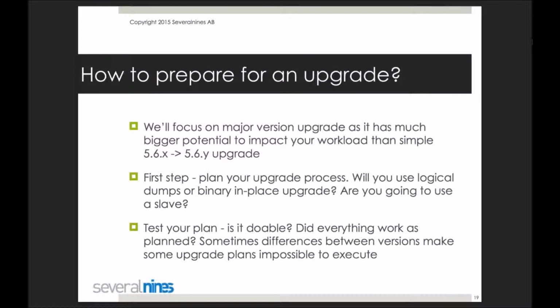For example, maybe there is an incompatible change in how replication works, and in your particular case, it won't be possible to set up a slave in some particular way. So some of the plans may not be possible to execute, and this is some kind of reality check for your upgrade process.